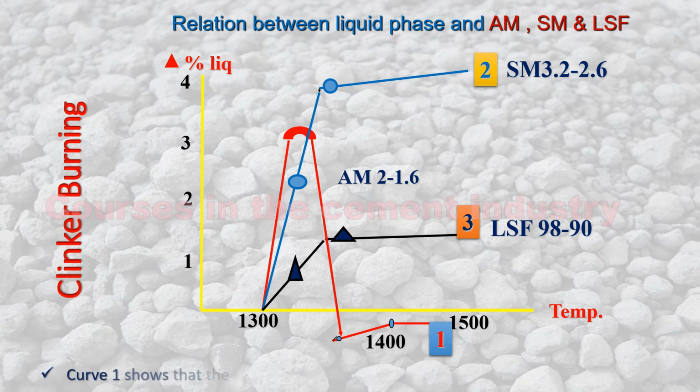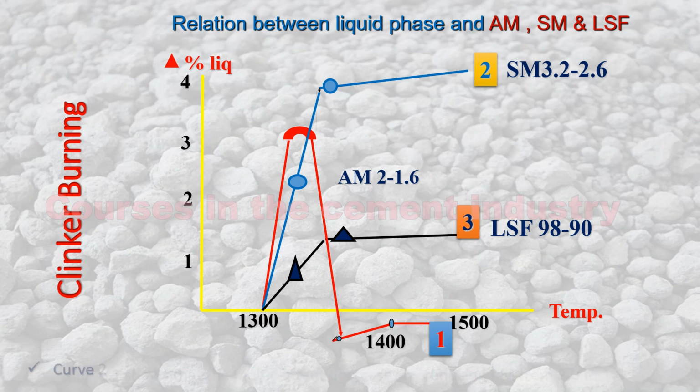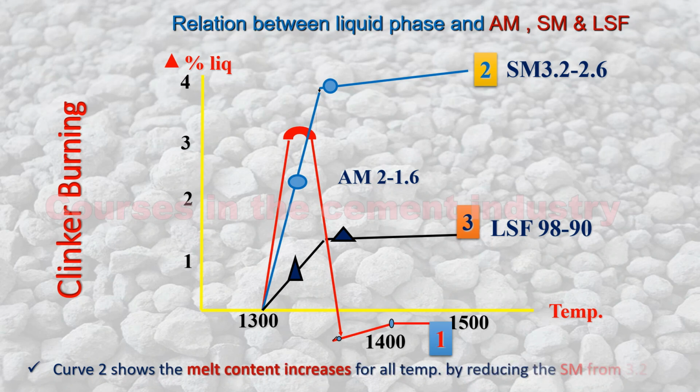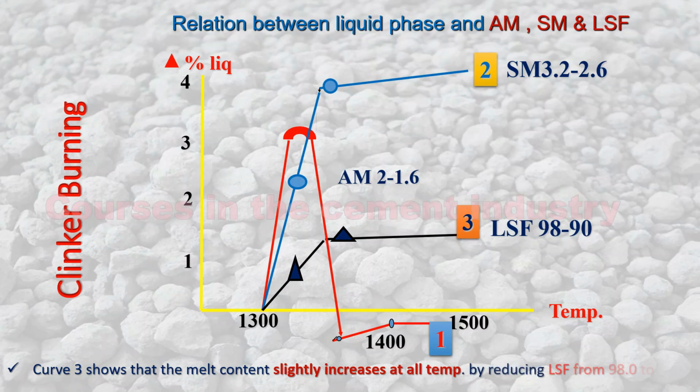Curve 1 shows that the melt content decreases by reducing aluminum modulus from 2 to 1.6. 3. Curve 2 shows the melt content increases for all temperatures by reducing the silicate modulus from 3.2 to 2.6. 4. Curve 3 shows that the melt content slightly increases at all temperatures by reducing lime saturation factor from 98 to 90.